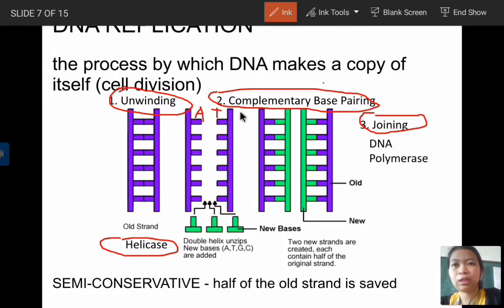Nandun yung DNA polymerase. So, if this is adenine, this one is thymine. Dito naman sa kabila, kung ito yung thymine, ito naman yung adenine. Okay. Ayan. So, that is DNA replication.